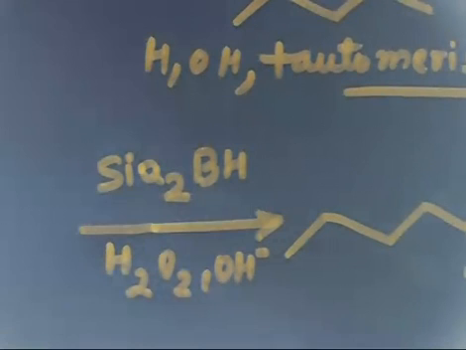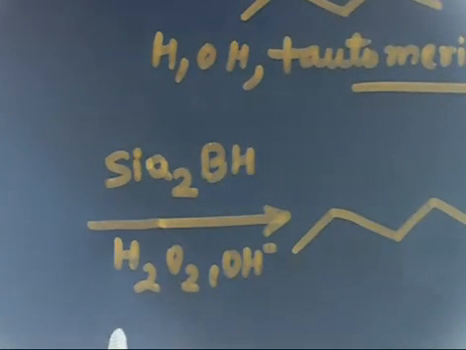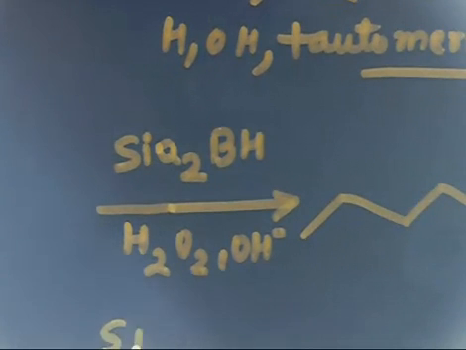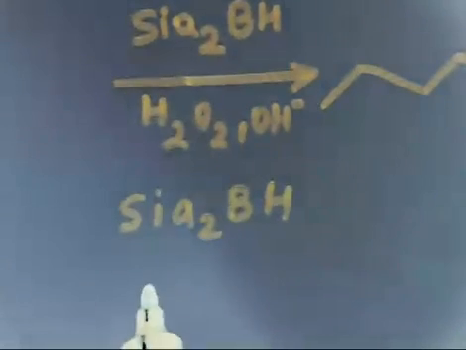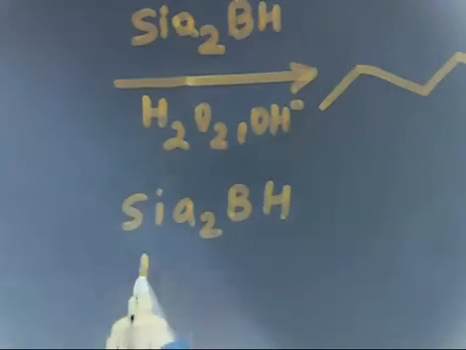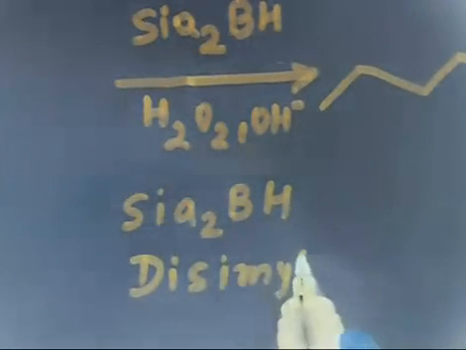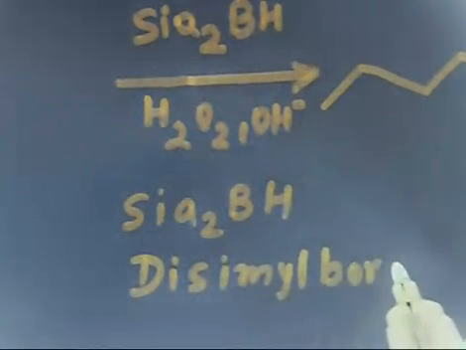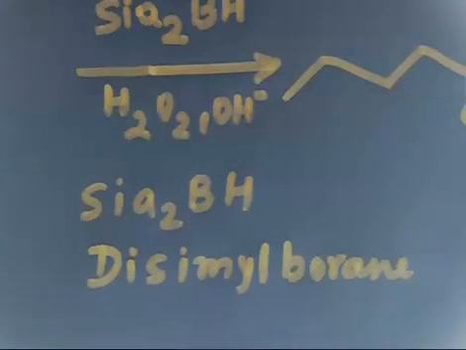Sia2BH is called disiamylborane. So let me write the name, Sia2BH, and this is called disiamylborane. So this is the reagent that can be used sometime for anti-Markovnikov addition.